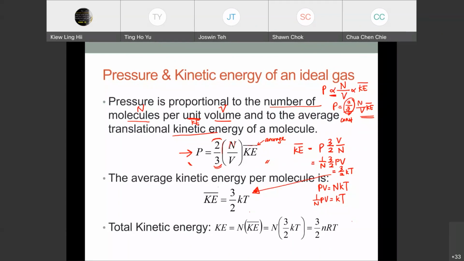What is total kinetic energy? This is average kinetic energy, average for one molecule. What is total kinetic energy? So total kinetic energy, you can put a subscript T at the bottom here, equals to the total number of molecules times your average kinetic energy. Expand them, N times 3 over 2 KT.